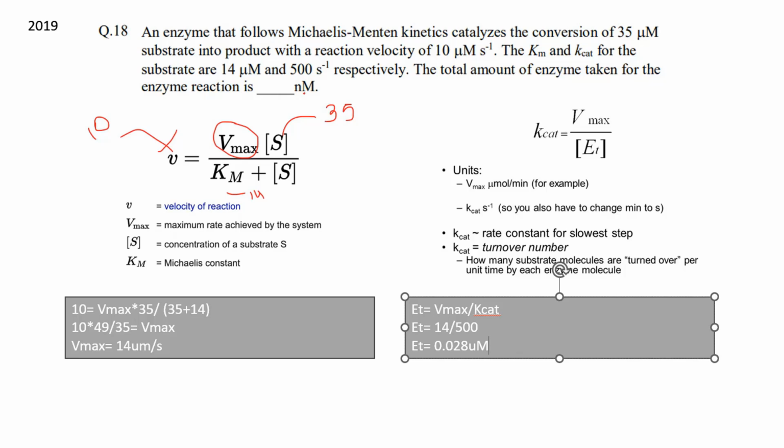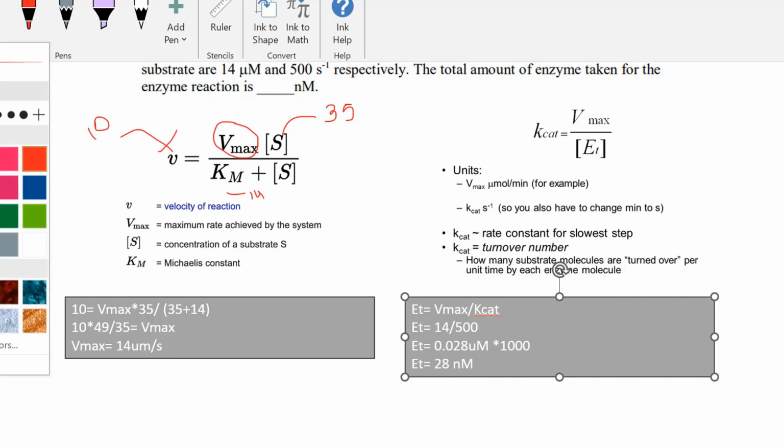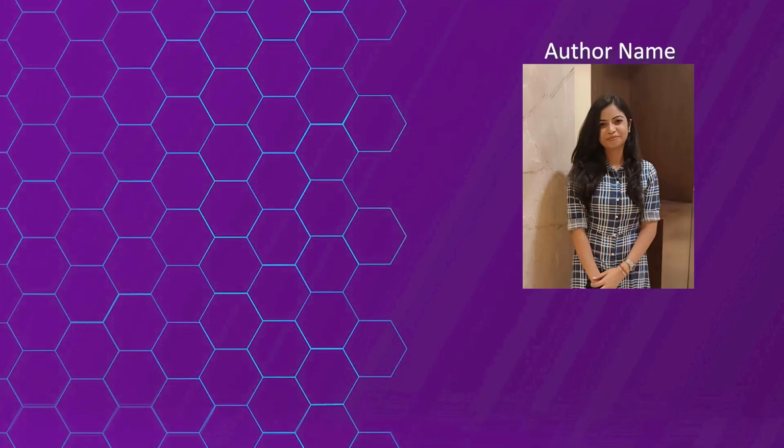Because here they have asked for the enzyme in nanomolar concentration, you have to multiply it by 1000, and then you get Et equal to 28 nanomolar, and this 28 will be the answer. So the answer will be 28.